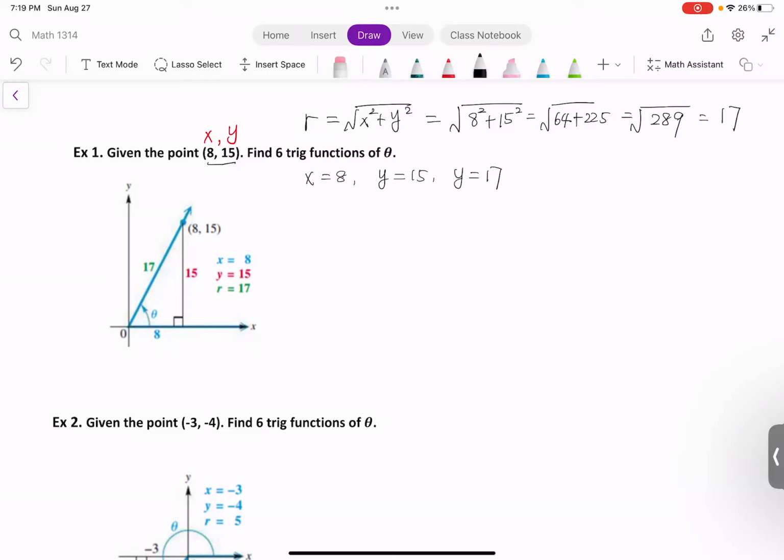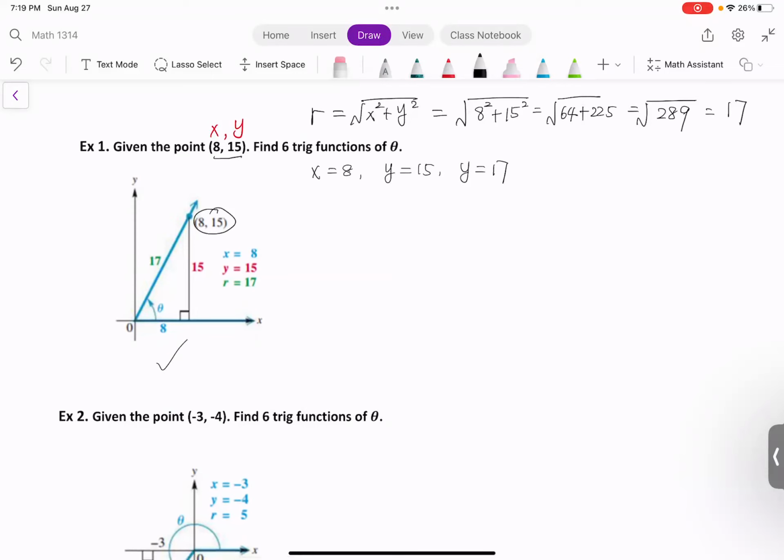So the graph is very helpful, it gives us some ideas. Where is the point? And then from the point, you can make a right triangle, and 17 equals the square root of x squared plus y squared. You can also just find our result by looking at the picture.